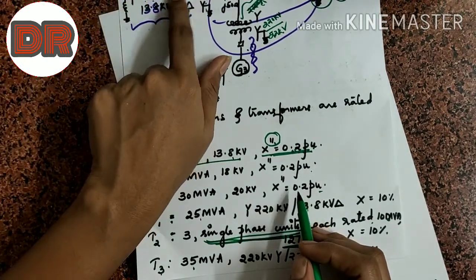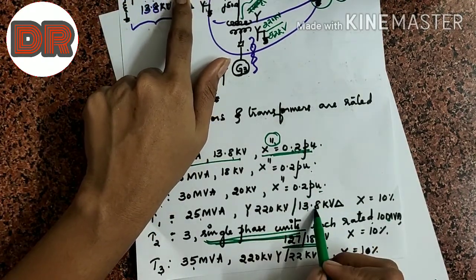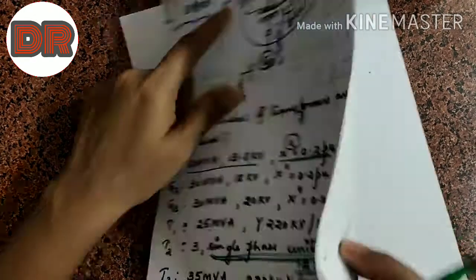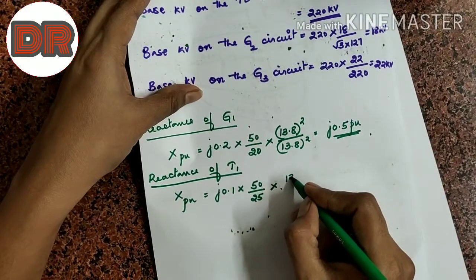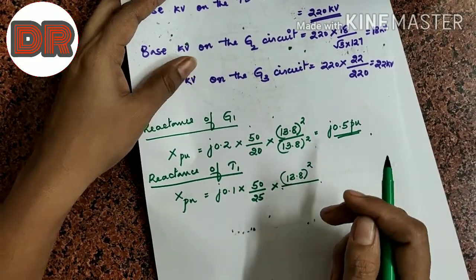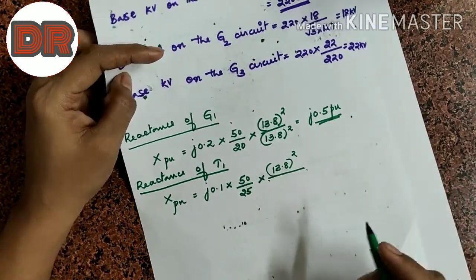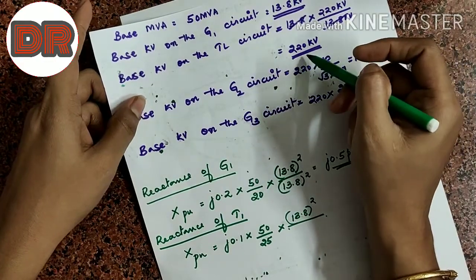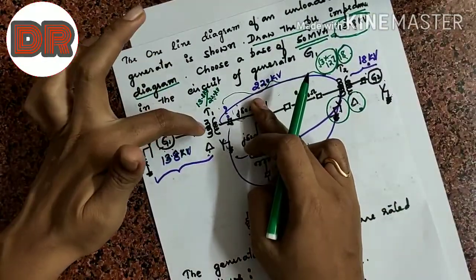So low voltage is this side. So 13.8 kV is the rating of the transformer, that is the old kV base. So 13.8 kV square divided by new kV, which we have already decided. On the transmission line it is 220 kV, that is this side, but we have taken the low voltage side.